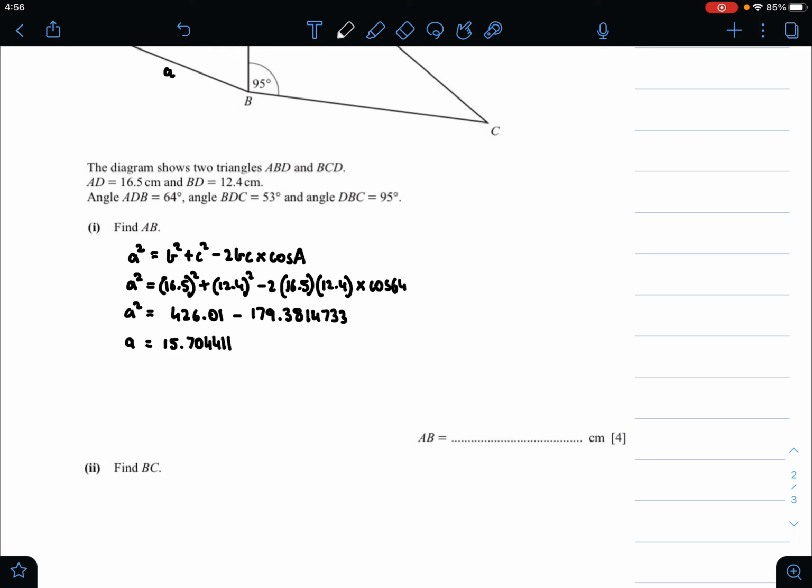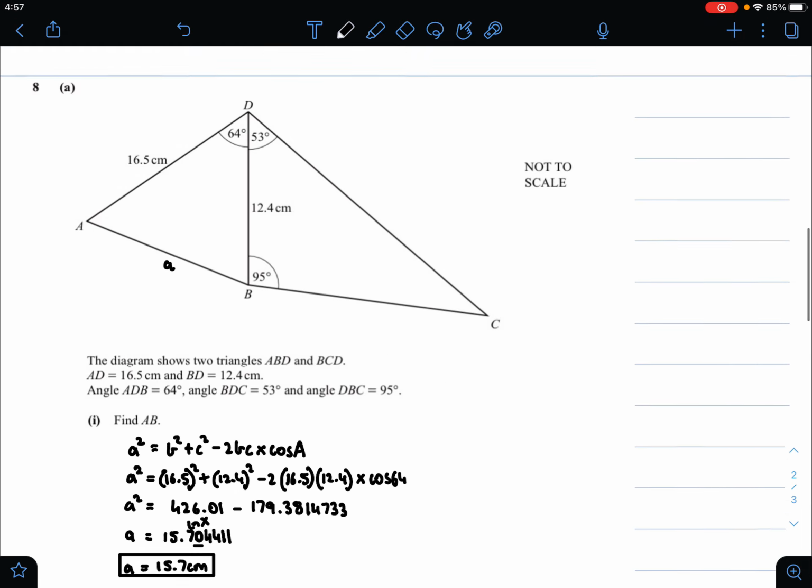And since we need to give our final answer in 3 significant figures, our final answer will be 15.7 centimeters, because the fourth significant figure in this case, which is 7, is less than 5, so it won't round off the third significant figure to the next number. Therefore 15.7 centimeters will be the final answer for part A part 1.